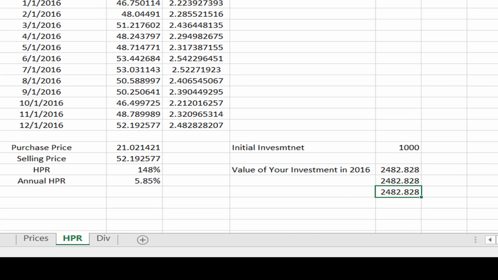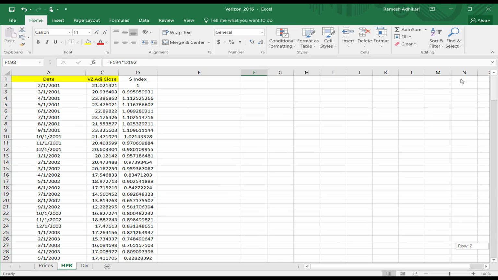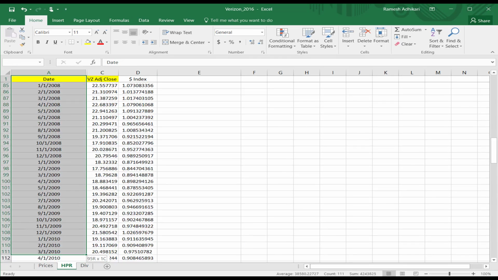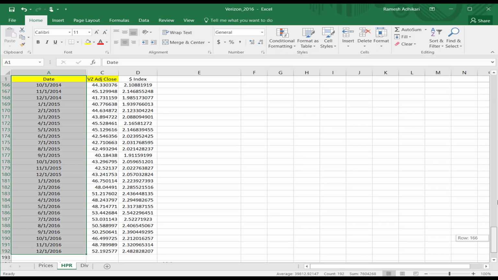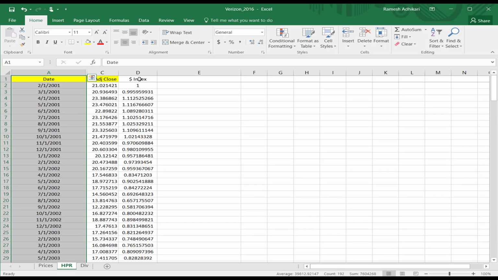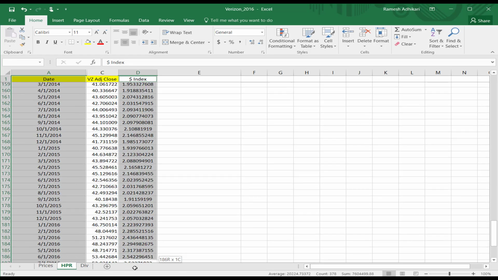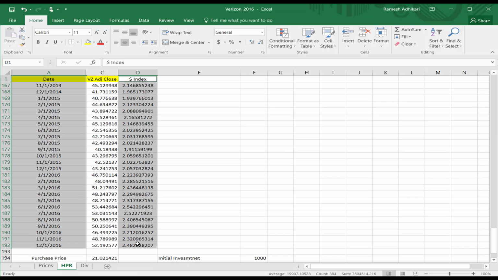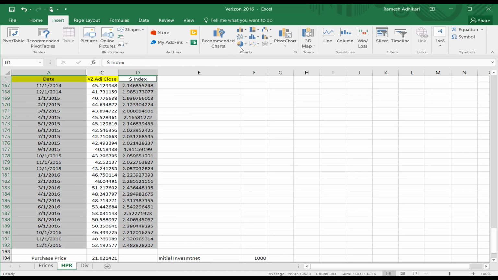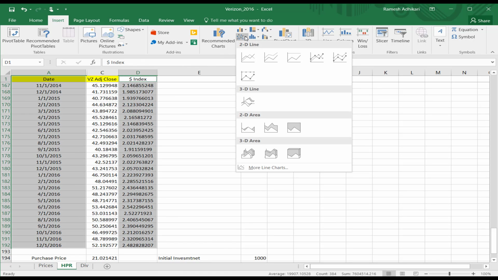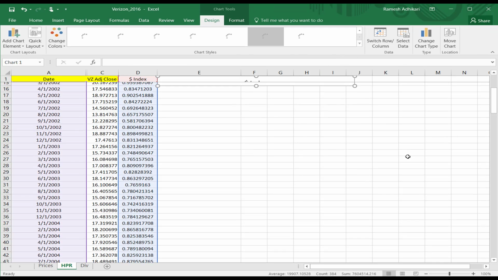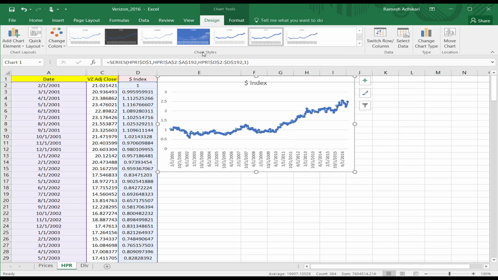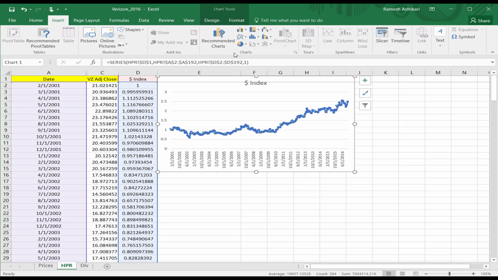One interesting thing about this dollar index is you can plot the date and the dollar index, and I'm going to plot that dollar index, right? I'm going to select these two series and insert and go to your chart section, 2D chart here, and if I choose this, now I have it here, and let me change that line.